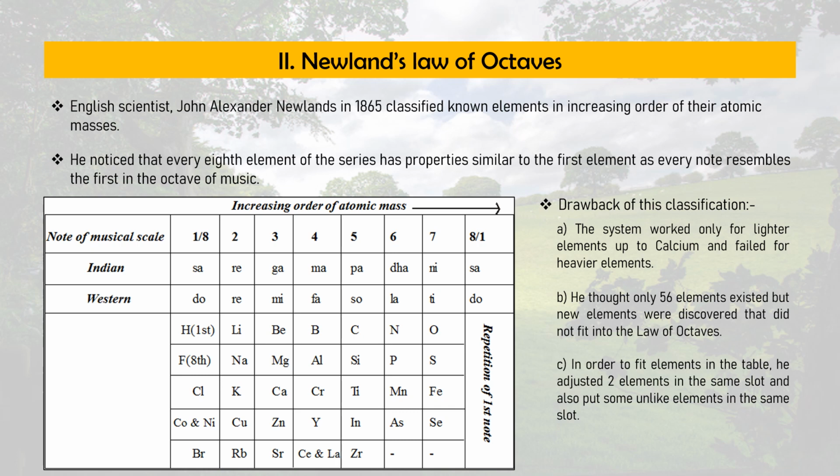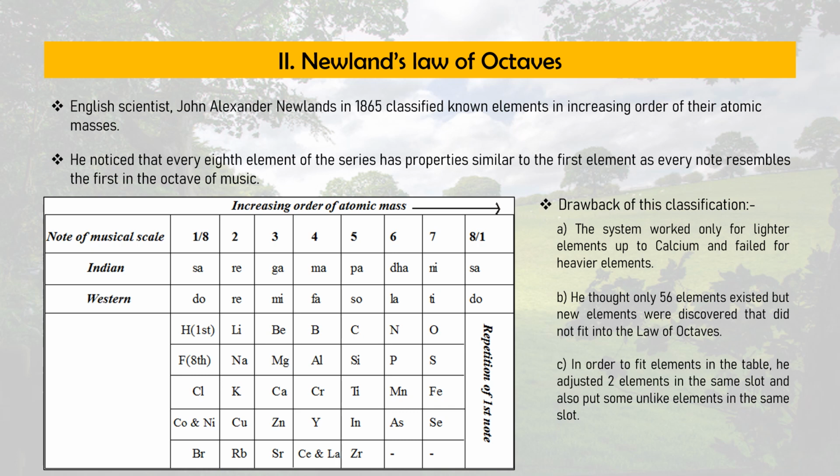he saw that every eighth element of the series has properties similar to the first element, just as in Indian classical music, every eighth note resembles the first note of the octave.